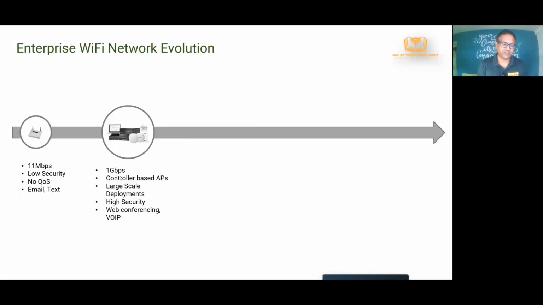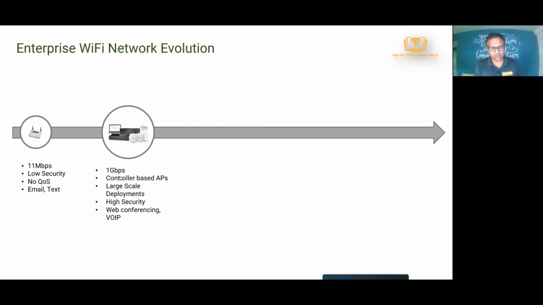In enterprise, we are looking at large offices, large stadiums, large hotels, and many other large public venues where we expect hundreds and hundreds of users spread across a large space, which means we need lots of access points.